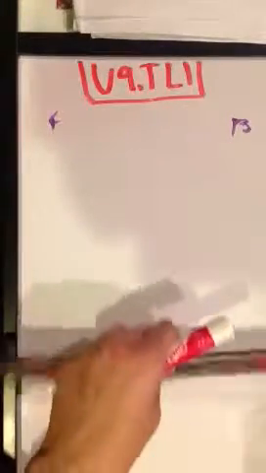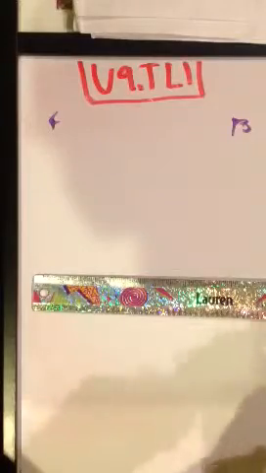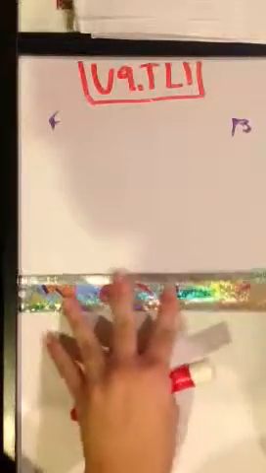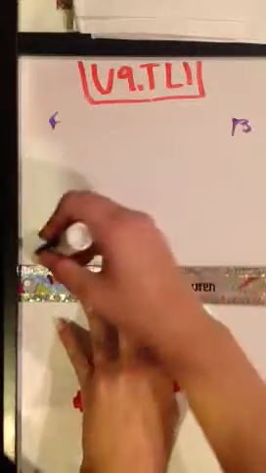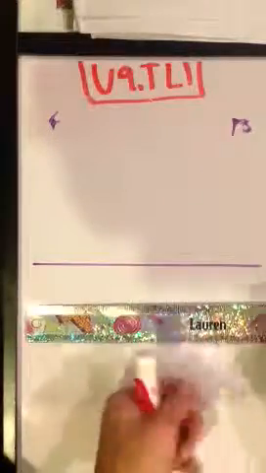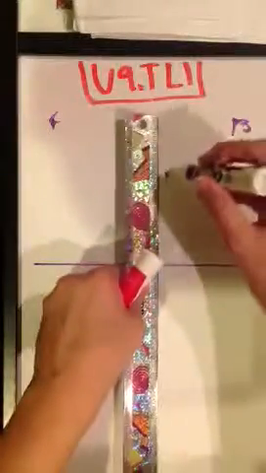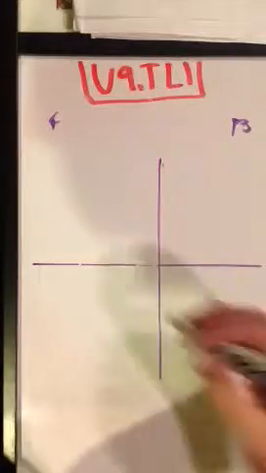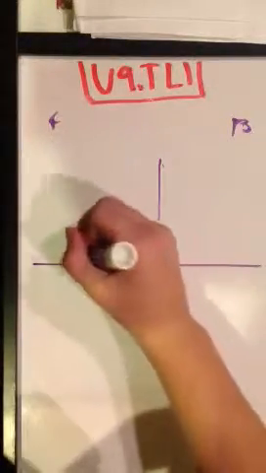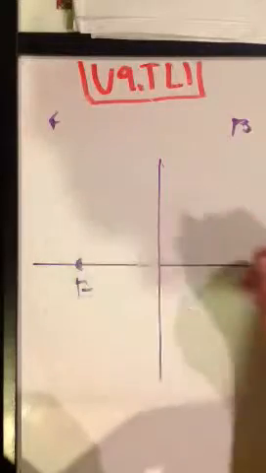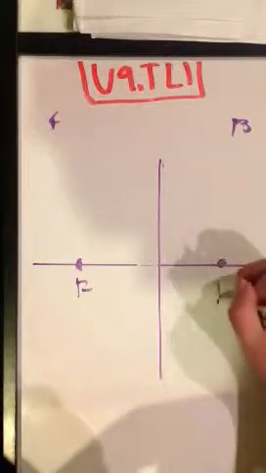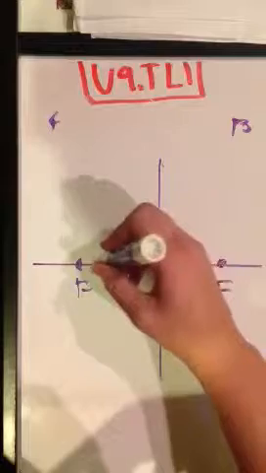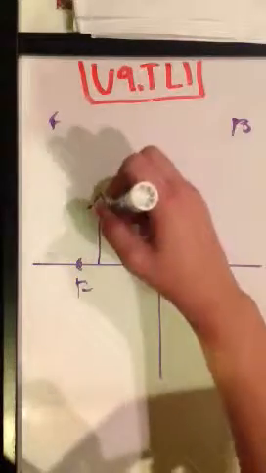Finally, the last case for a converging lens, we have case 6. Case 6 is when the object is in front of the focal point.